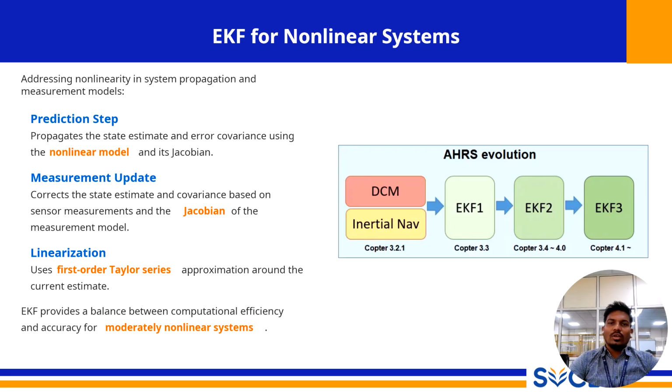The second phase is the measurement update. This occurs when a new piece of data arrives from the sensor, like GPS or an accelerometer. The filter then corrects the state estimate and covariance based on the sensor measurement and the Jacobian of the measurement model. It compares its prediction from the last step with the actual measurement.